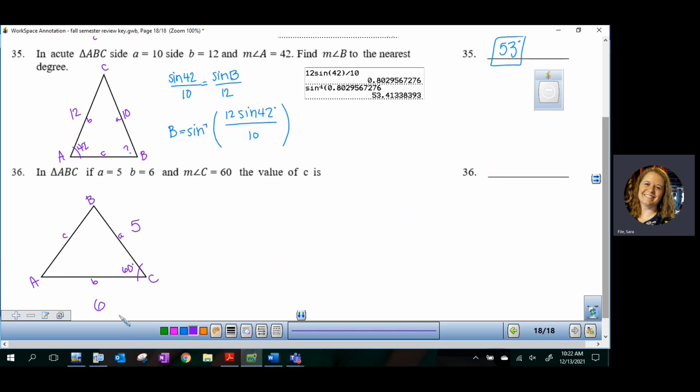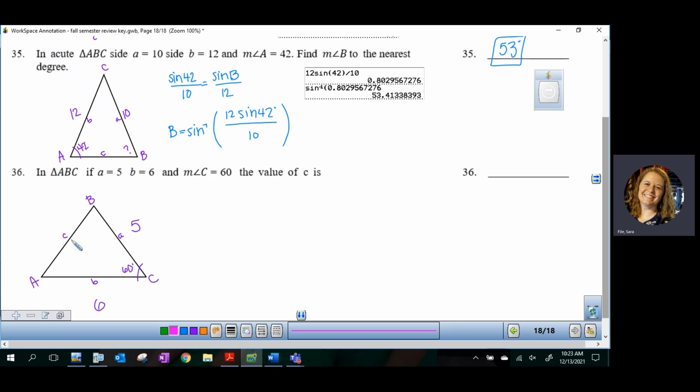So this is not side, side, angle, this is side, angle, side, because the angle that we know is the included angle between the two sides that we know, right? So this is not law of sines, this is law of cosines. I do not have enough information here to set up a proportion for law of sines. Okay, so it must be law of cosines.